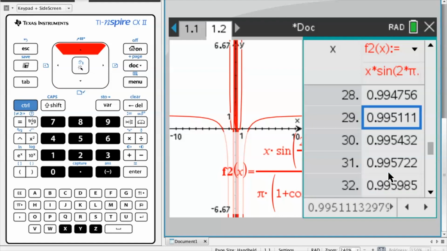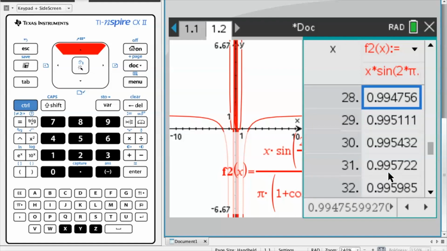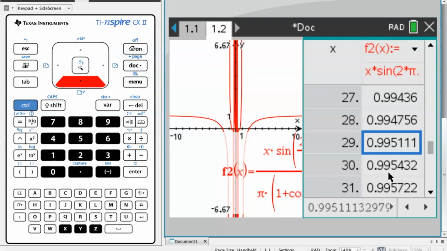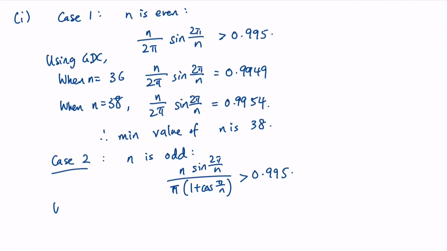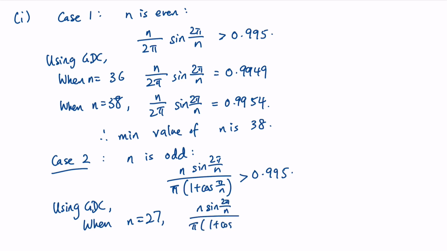So here, yes, 29 works. 28 isn't yet, 27 is, but we need to skip 28, so we're going to consider 27 and 29 as our answers. Using GDC, when n equals 27, n sine 2 pi over n over pi times 1 plus cosine pi over n is 0.9943.